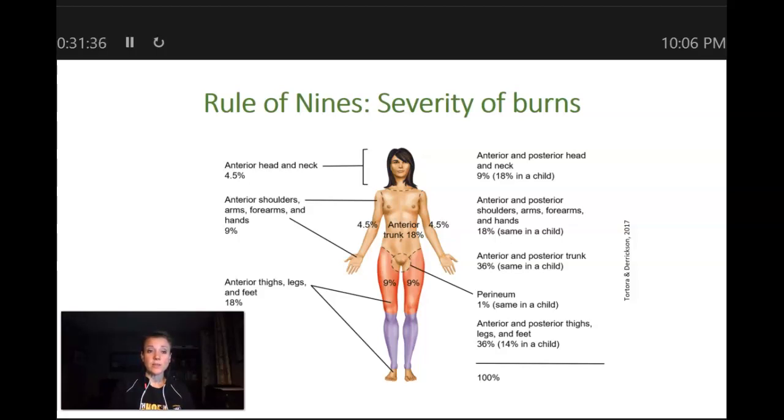The reason why they use the rule of nines is to determine how much fluid a patient has lost. So they use these percentages to calculate that. And the rule of nines is just an easy way for them to remember the percentages that are represented by each part of the body.